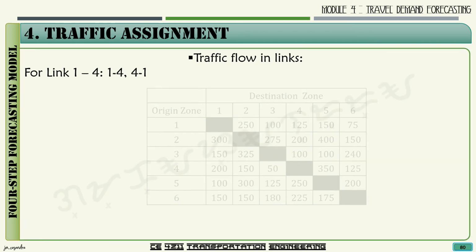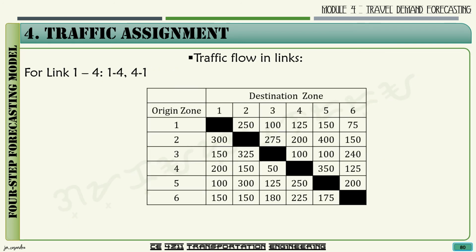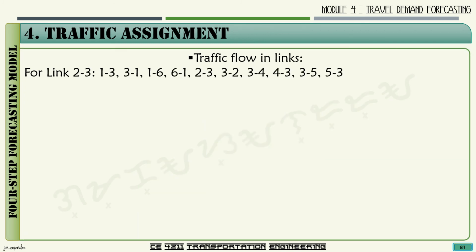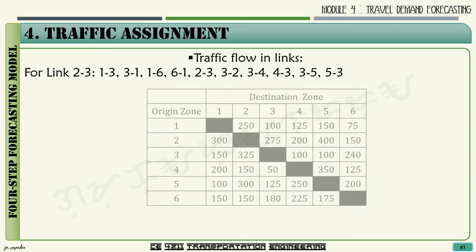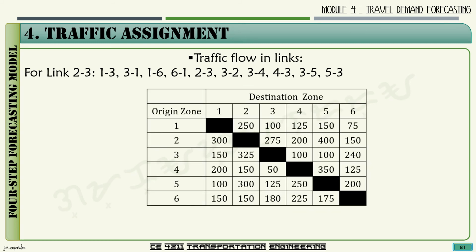Next, for link 1 to 4, we still use table B. The contributing links are 1, 4 and 4, 1. So we simply add them up: 125 plus 200. So the total flow for 1 to 4 is 325. The same goes for link 2 to 3. In table B, we look for 1, 3, 3, 1.